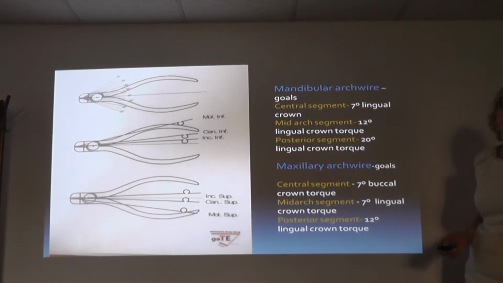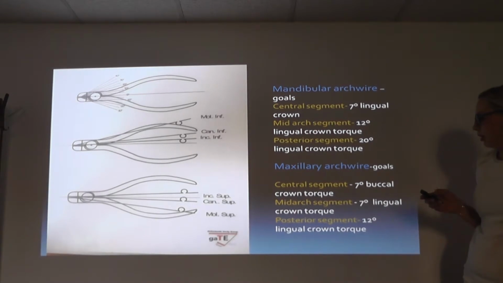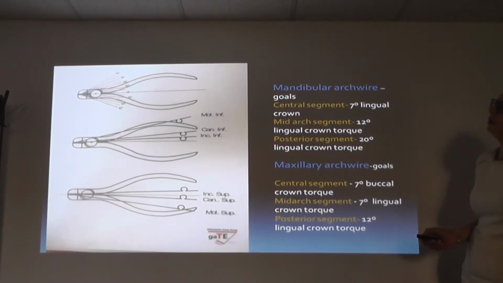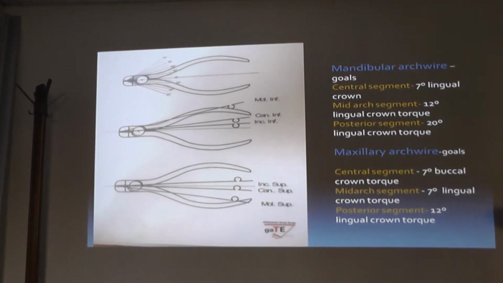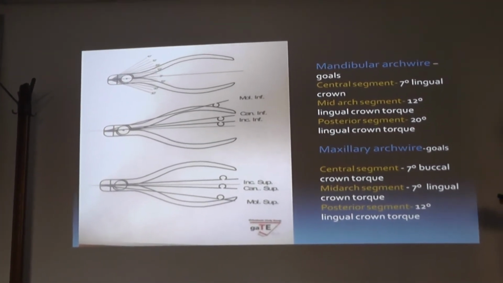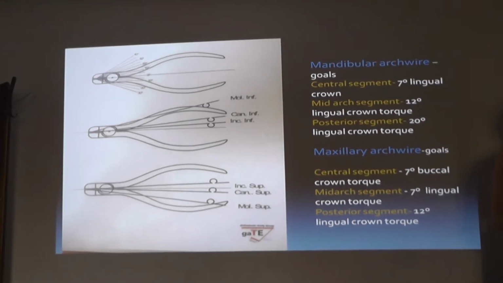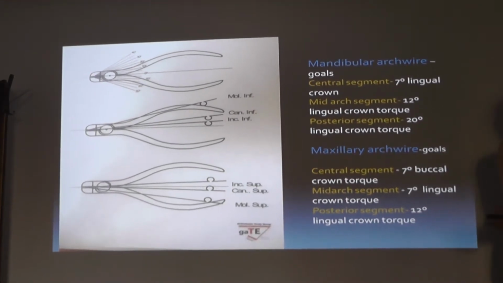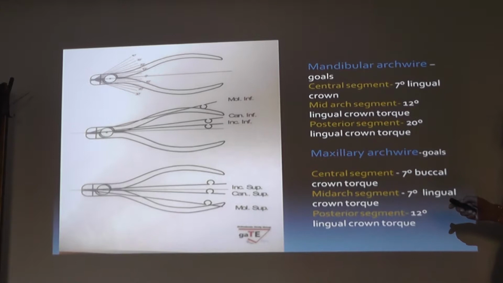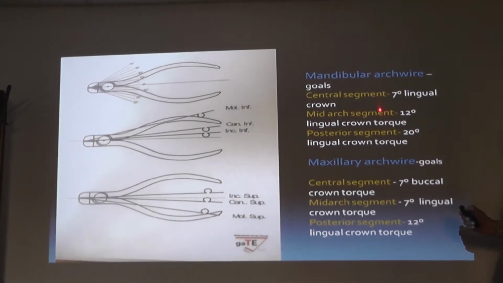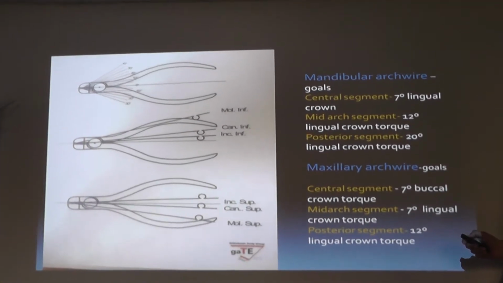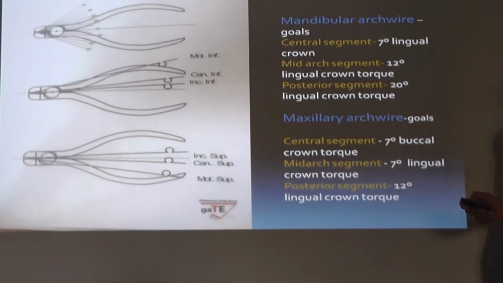This is readout, how we are looking at the distal ends of the wire. For example, for a mandibular arch wire, often we need 7 degrees of lingual crown torque.